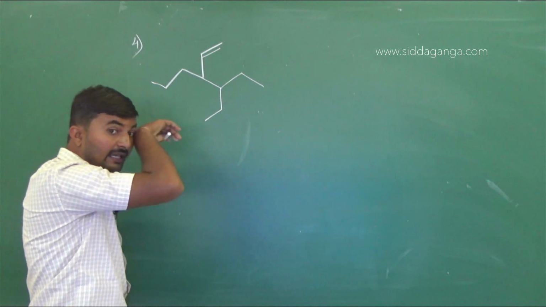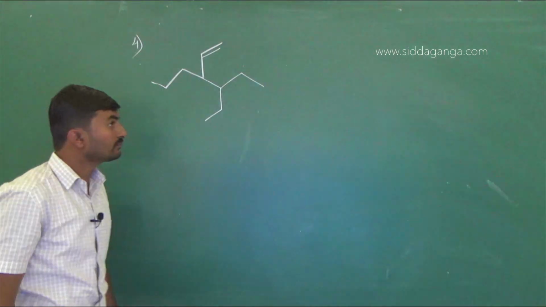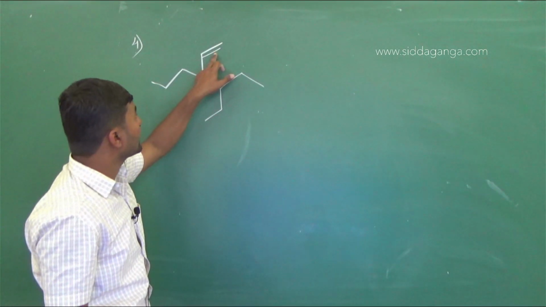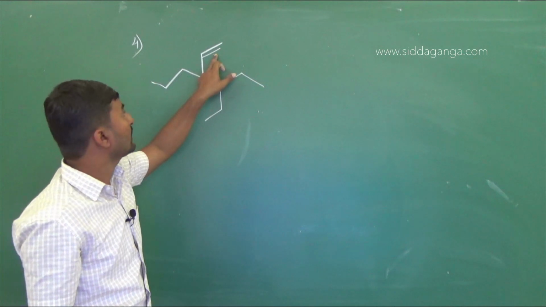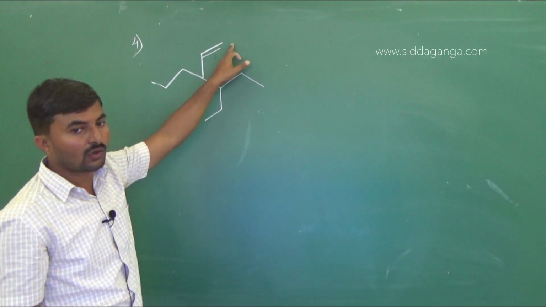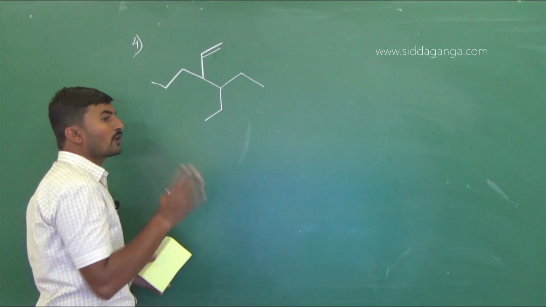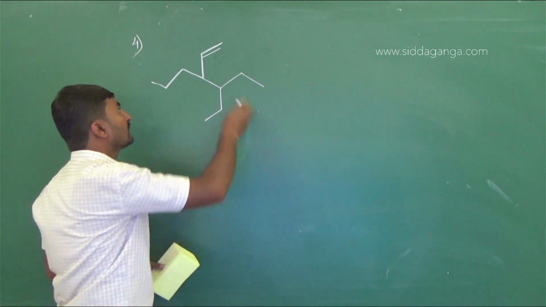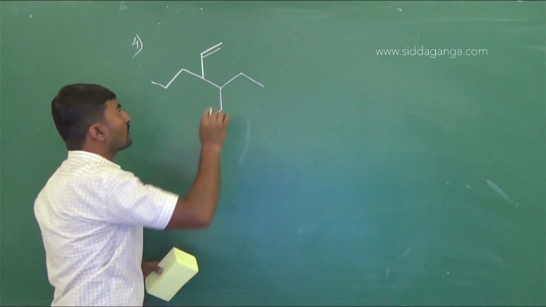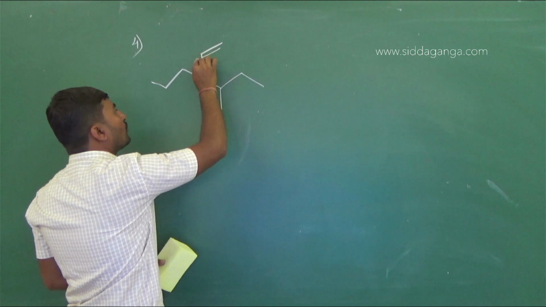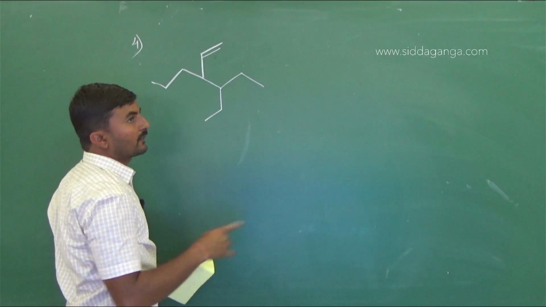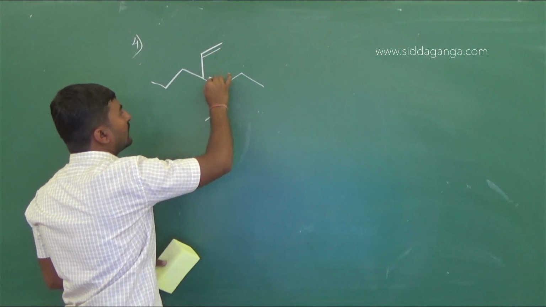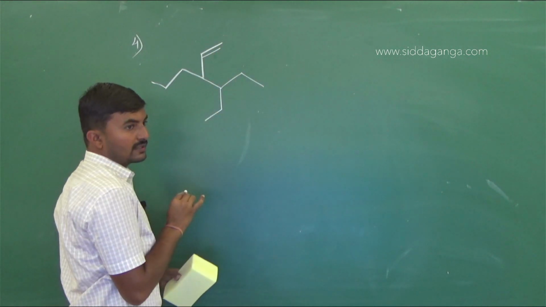As I explained in the last question, if there is a double bonded carbon atom, we have to start our numbering from that particular carbon atom. That is, the lowest possible numbers should be given to the double bonded carbon atoms. So 1 2 3 4 5 6, one possibility is there, and 1 2 3 4 5 6, one more is there.